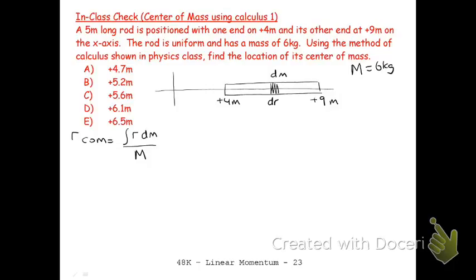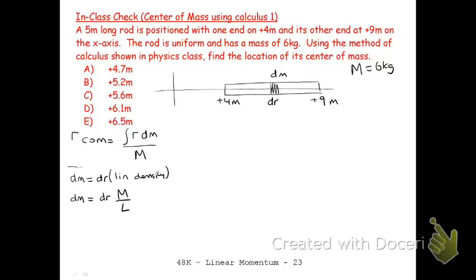So I go, well, dm is equal to the width dr times the linear density, because it's a uniform rod. So dm is going to equal to dr. It's going to be the total mass over the total length.